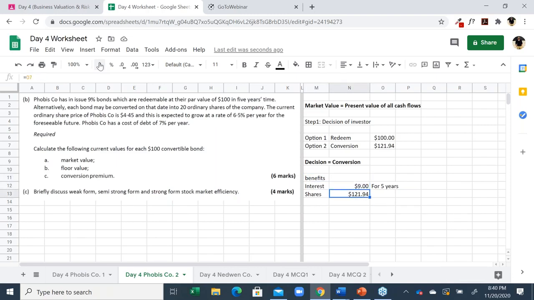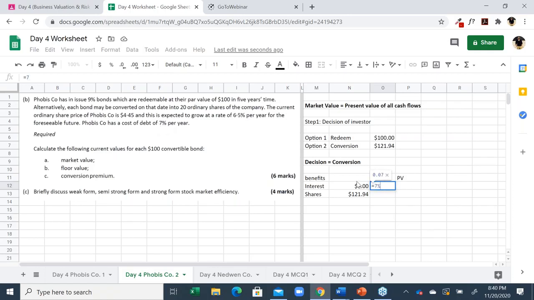So let's calculate the present value of these two. For the present value, we need to multiply this $9 with the annuity factor, and the annuity factor should be taken for the cost of debt. The rate should be 7%.